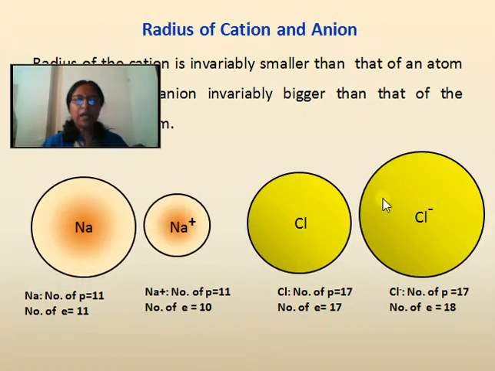The nuclear charge remains the same, so here also the proton number was 17 and here also the proton number was 17. As the number of electrons becomes more, the nuclear charge felt by the electrons will be less because of the larger number of electrons, and so the ionic size is more than the neutral atom. So in the case of a cation the size decreases, and in the case of formation of an anion the size increases. I hope this is clear to you now.